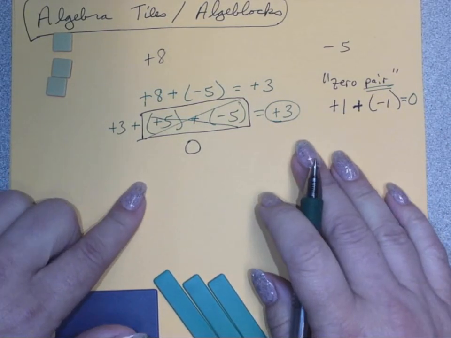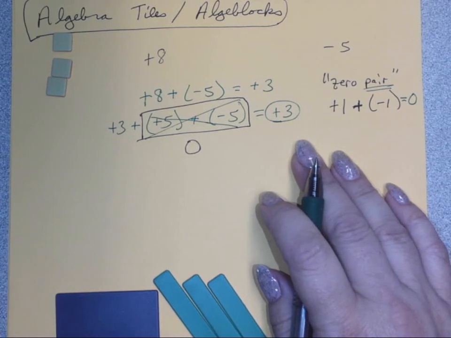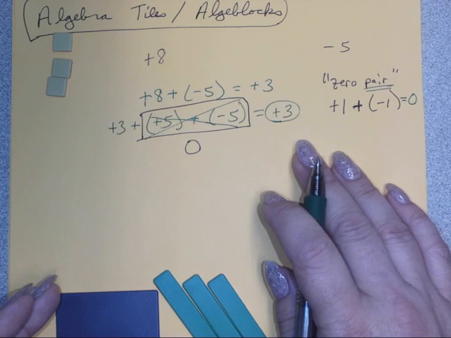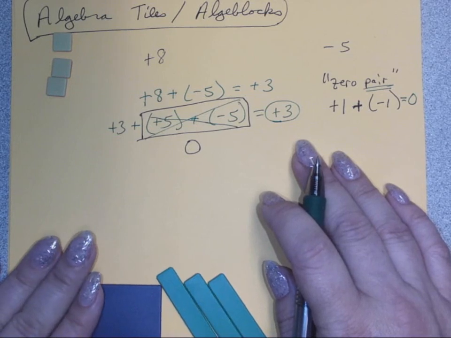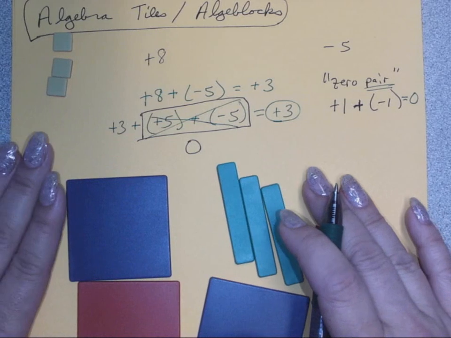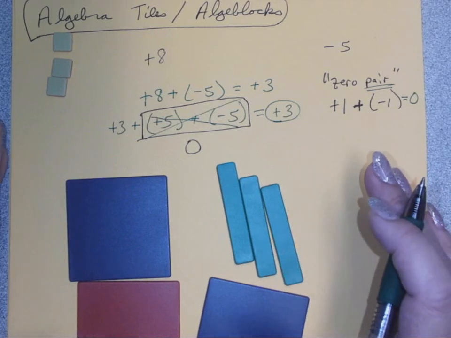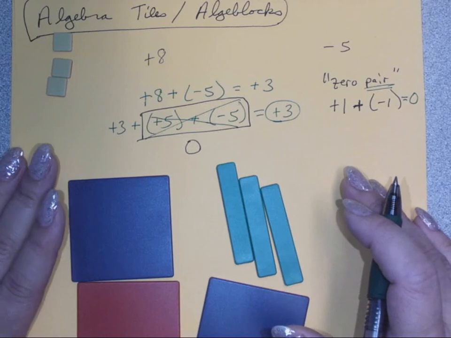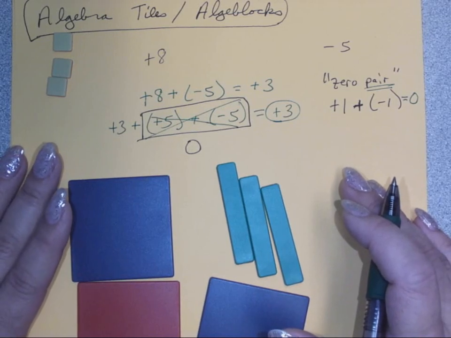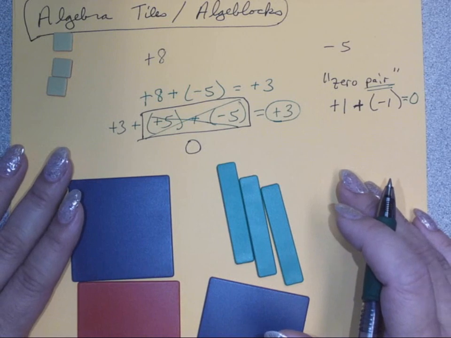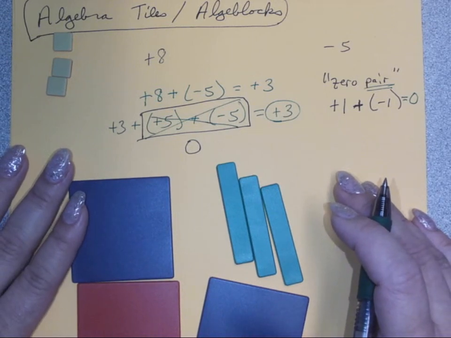Okay, and I'm going to tell you the reason why. There's a couple of reasons I've asked you to get Algebra Tiles instead of Algeblocks. One is they're way cheaper. You can get a one-person set of Algebra Tiles for less than $3 on Amazon or through ETA. A single set of Algeblocks is probably going to run you around $60 if you can find it all by itself.